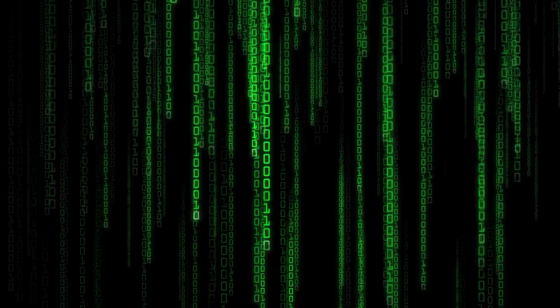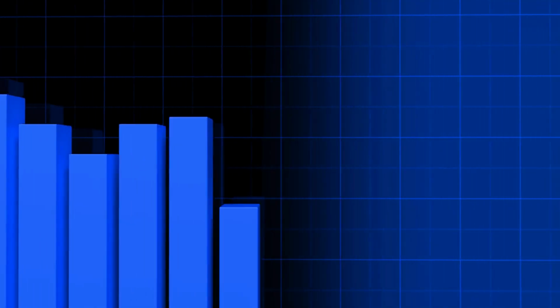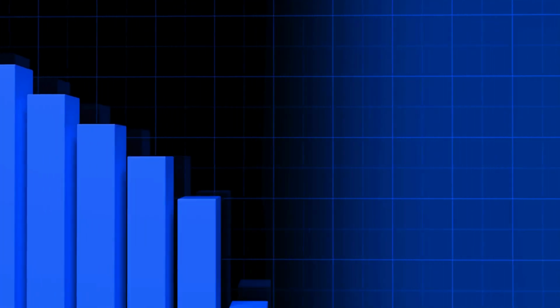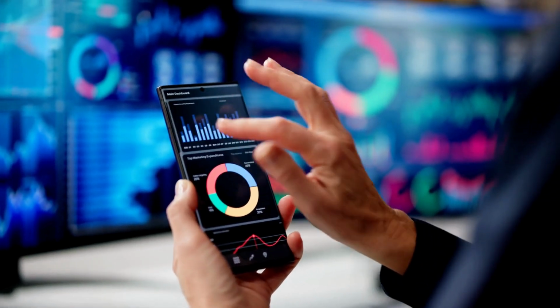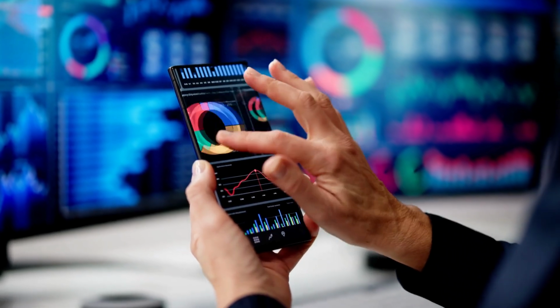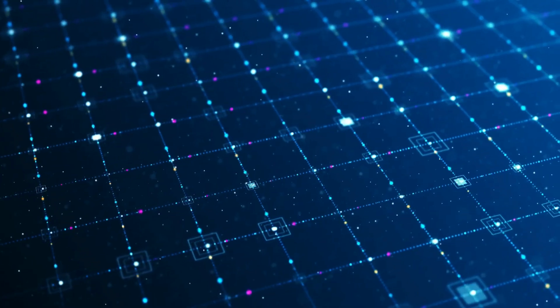Now, we will try to understand in detail the types of data that we discussed during the introduction section. In statistics, understanding the types of data is crucial because it determines the kind of analysis that can be performed, the tools that can be used, and how results should be interpreted.